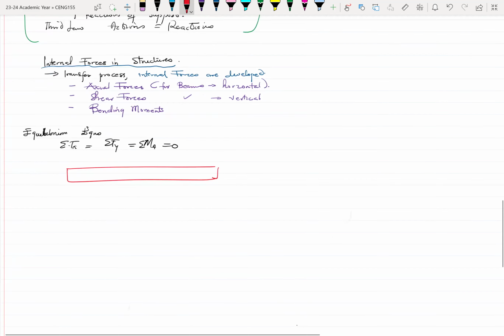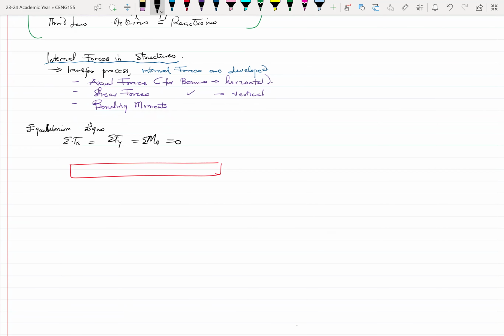For example, if I cut through the beam with a knife or whatever, I'll have two separate beams: a beam on the left with a cut surface, and the other beam on the right with a cut surface.